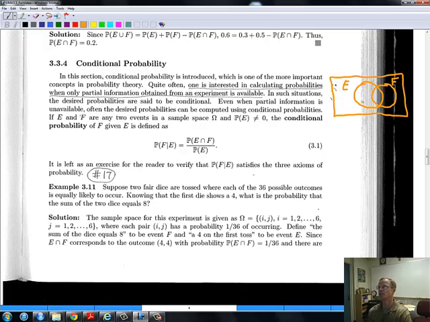So the sample space becomes E. It's limited now from the box down to the E circle. And so given that, what's the probability of F? Okay, so intuitively I want to build it up as follows here. So the probability of E given F is going to be, well, let's just count here and let's use our little n notation.